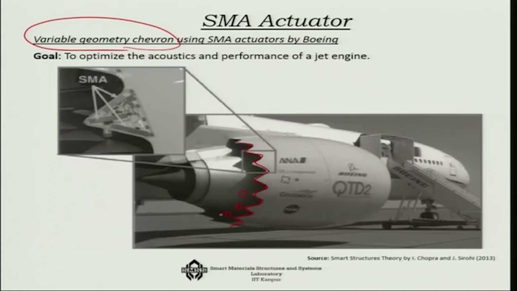Now as you are heating up, this shape goes back to a flat shape, which will increase the efficiency of the system. So thus you can play between the two shapes and keep the aircraft really very less noisy.